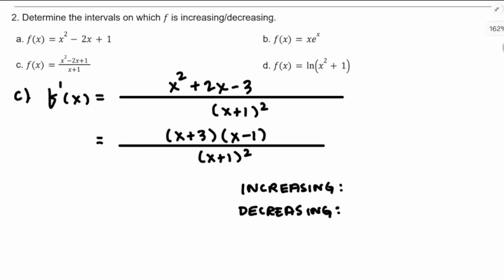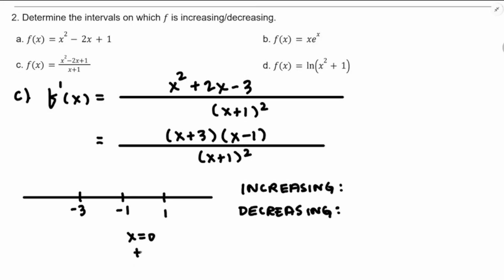And let's zoom out, give us a little more room. Number line going. I'm going to have negative 3, negative 1, which is a double root. Okay, so I guess there's 3 critical numbers. So I'll start with x equals 0.